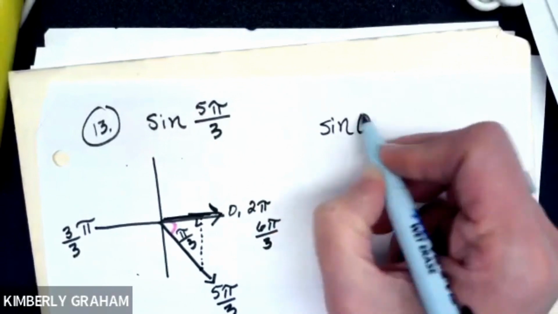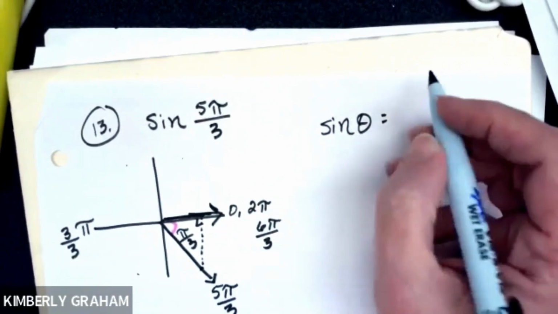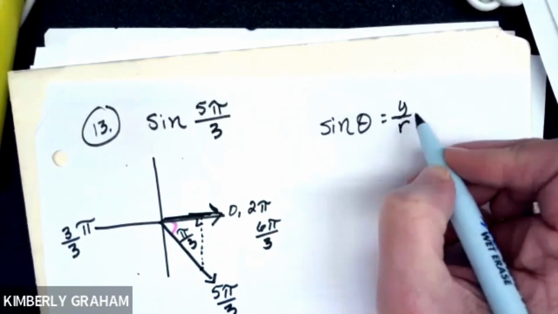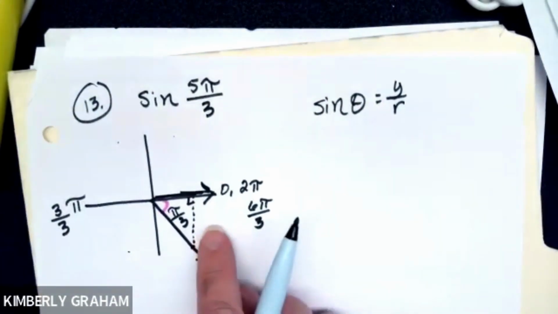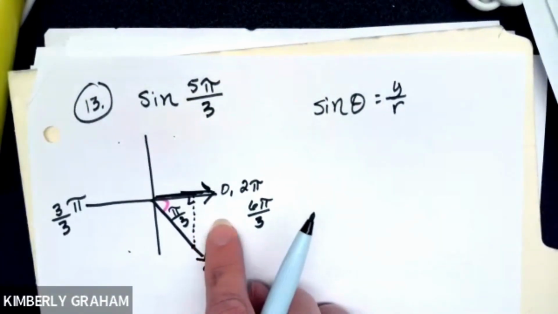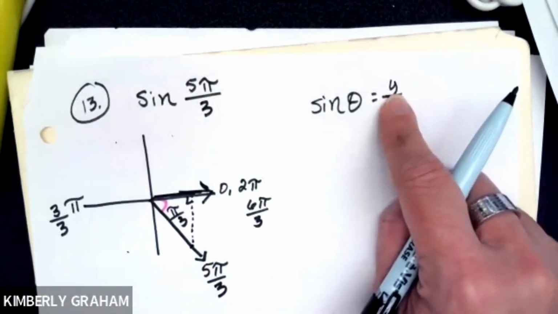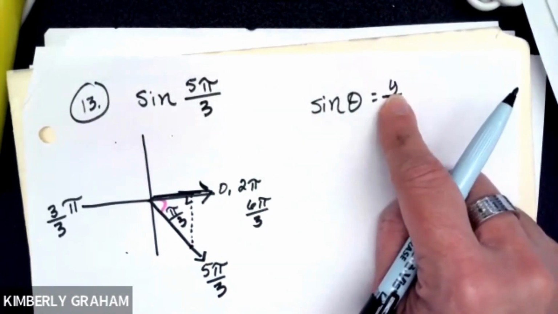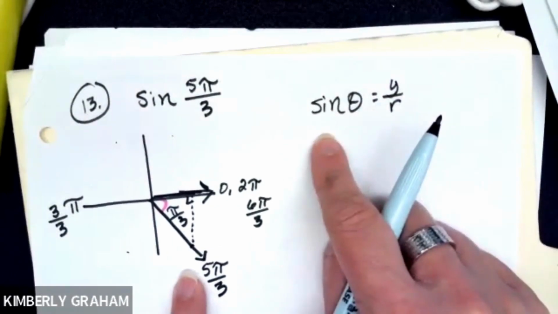The sine of theta is y over r. If I'm down here in quadrant 4, is my sine value going to be positive or negative? Well, what's my y value down there? Negative. So my sine value is going to be negative. Does that make sense?